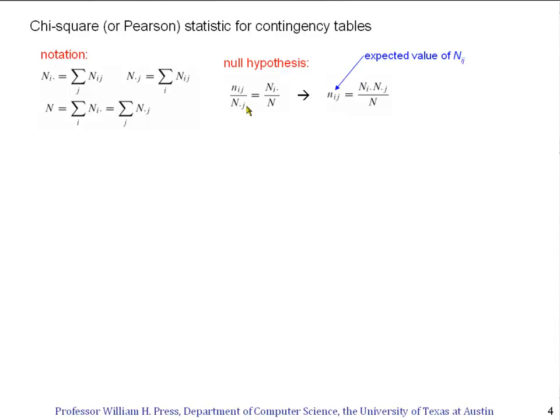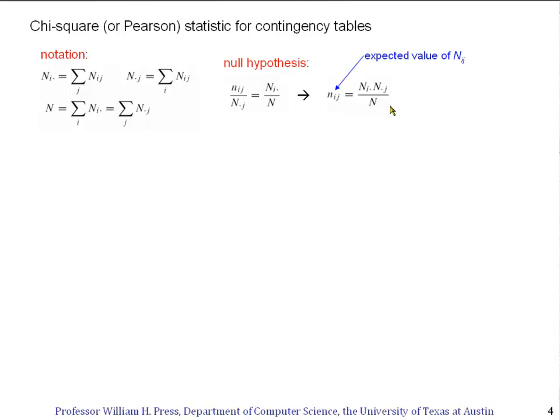If you now multiply this through by N dot j, you'll see that what we have here is the expected value that we expect in a cell Nij can be formed from just these marginals and the total number of events. In other words, it's the row marginal Ni dot times the column marginal N dot j divided by the total number of events.